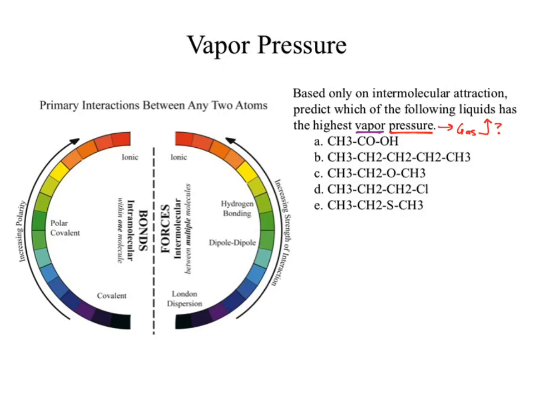Vapor pressure is the pressure of the gas above the liquid. If I have a high vapor pressure, what does that mean? I have a lot of gas. Okay? If we have a lot of gas, what does that mean about its boiling point?